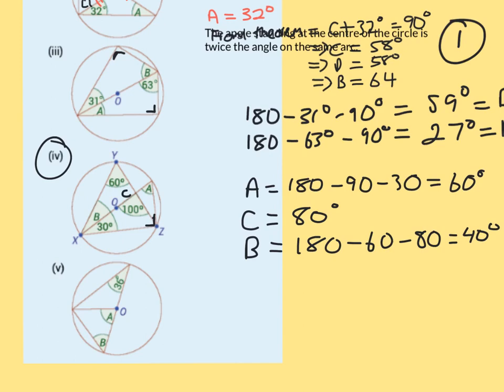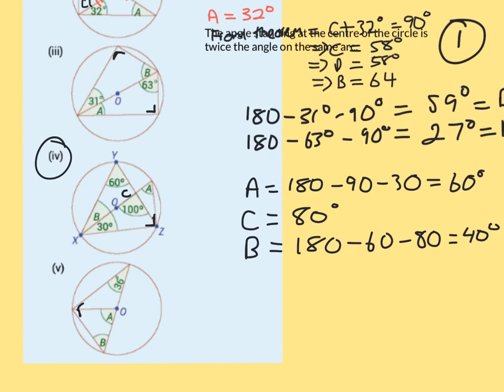Okay guys, so last question here. Again, same thing here. We know that this angle here is going to be 90 degrees. And on that basis, I'm going to be able to find angle B because of the triangle here.